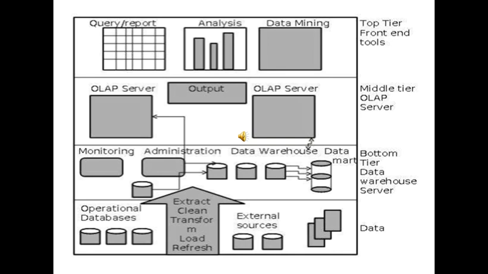The end user directly accesses this layer and puts in a query, and the query is accepted by the top layer, and the data sent by the middle OLAP server is automatically sent to the user's interface. So the user can view the data from the data warehouse directly through these three different layers.